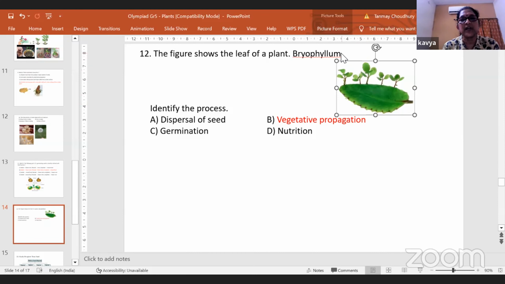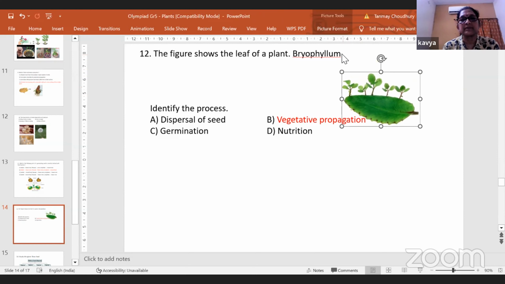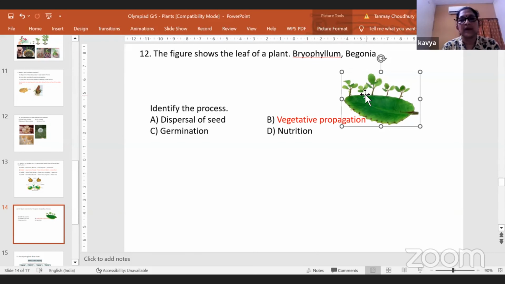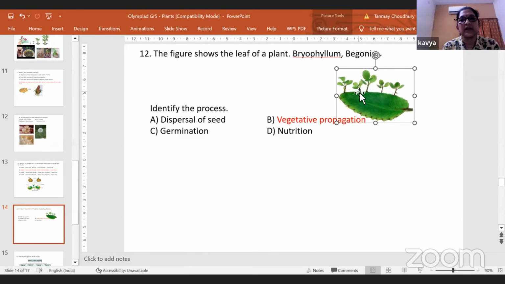I'll just write down the name of that leaf here. Okay, begonia. Begonia is another plant which grows by vegetative reproduction. Okay, vegetative propagation from the leaf. Okay, next question.